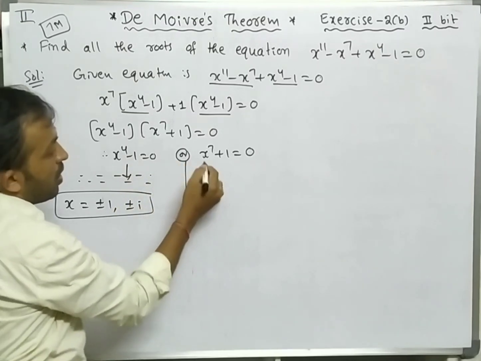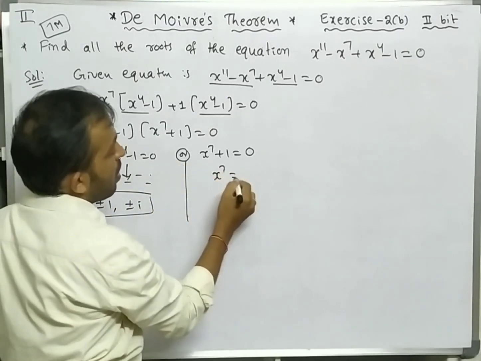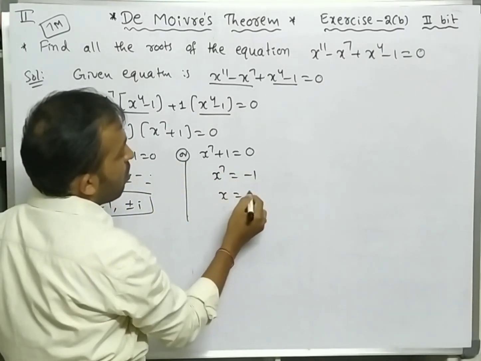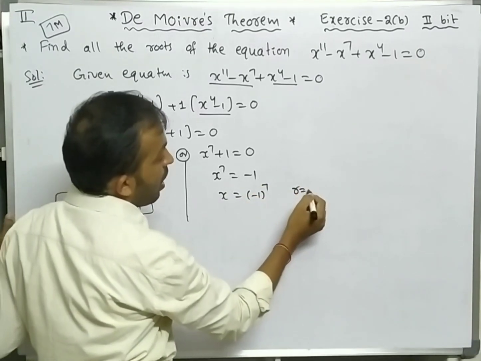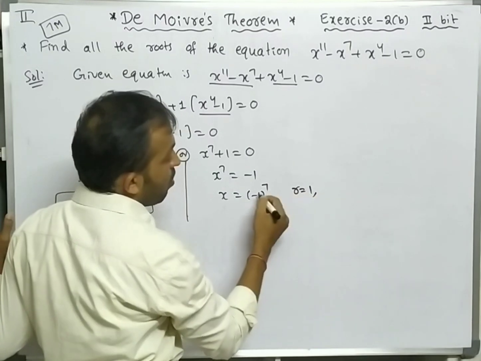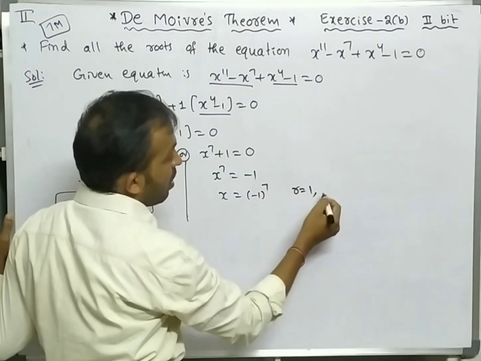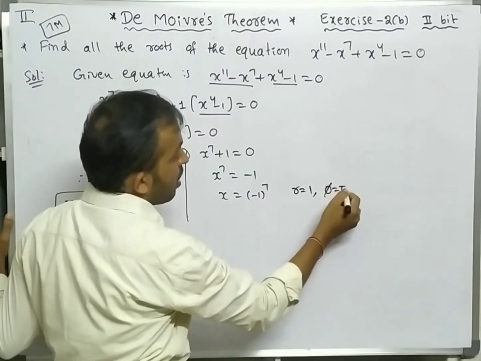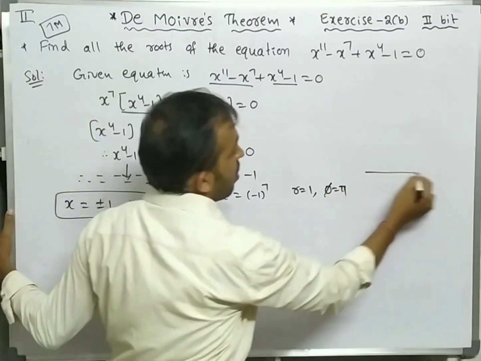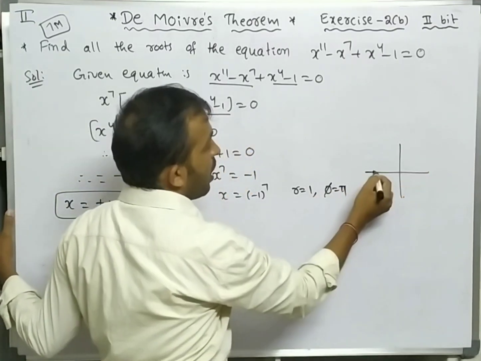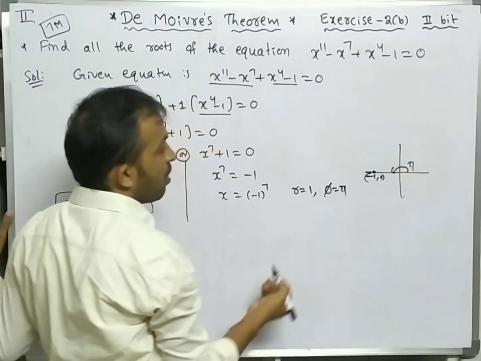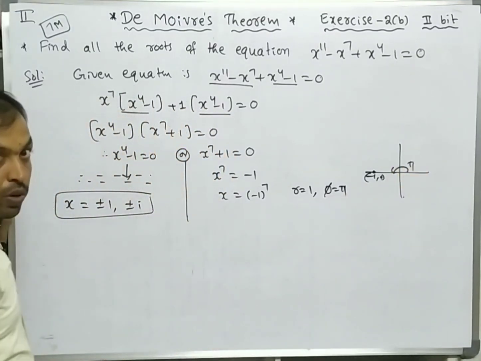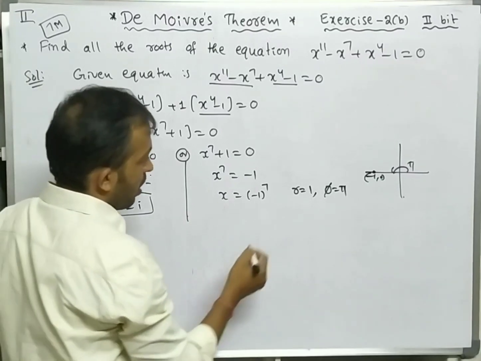Next, here x power 7 is minus 1, so x is equal to minus 1 power 1 by 7.